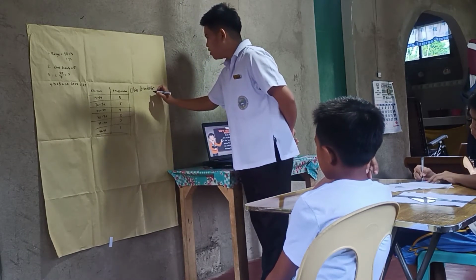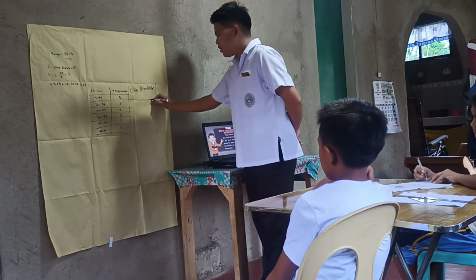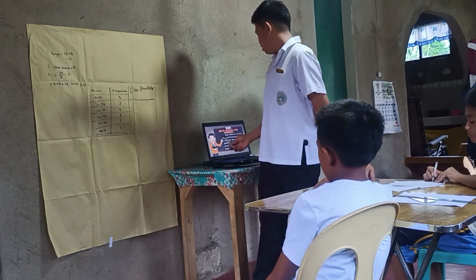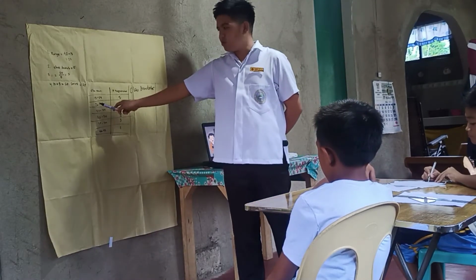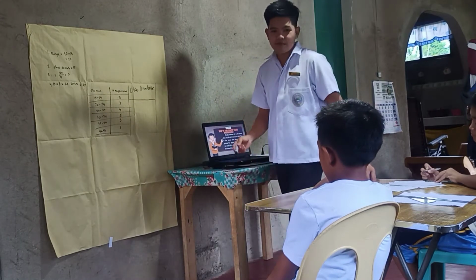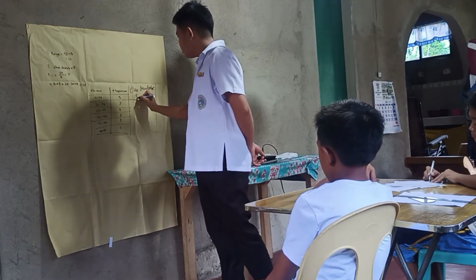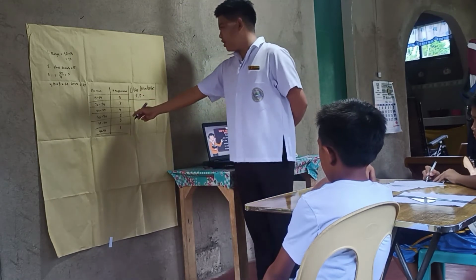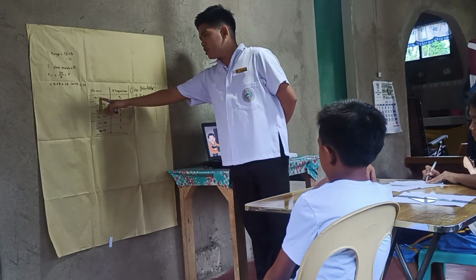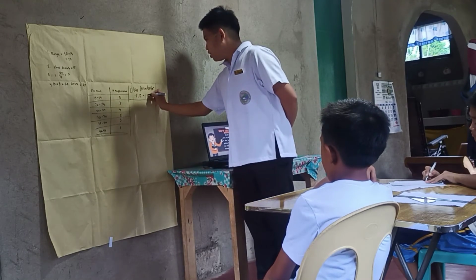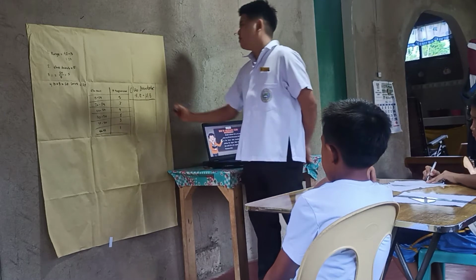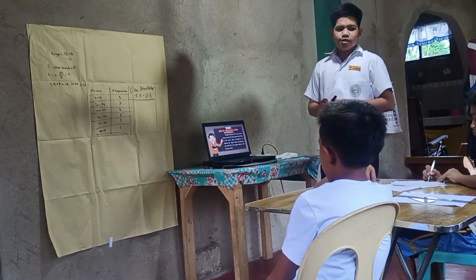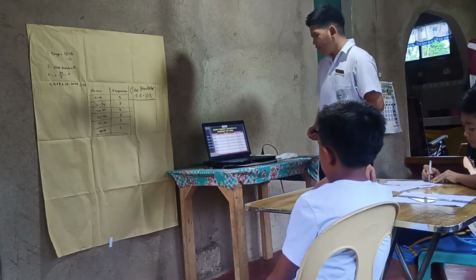For the lower class boundary, subtract 0.5 from the lower class limit, so that gives us 14.5. For the upper class boundary, add 0.5 to the upper class limit, which is 19, so the result is 19.5 as our upper class boundary. That is the process in calculating class boundaries.